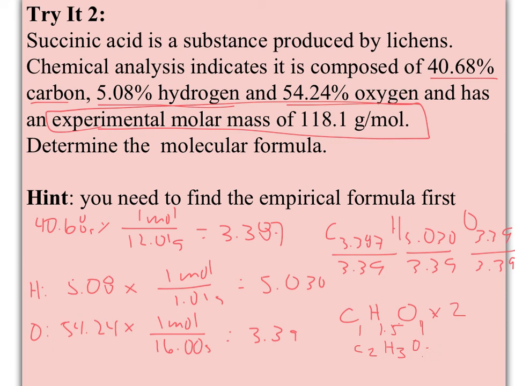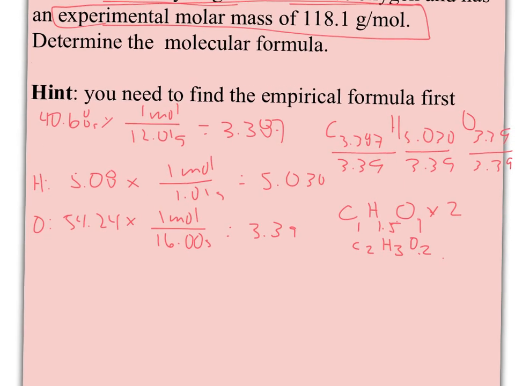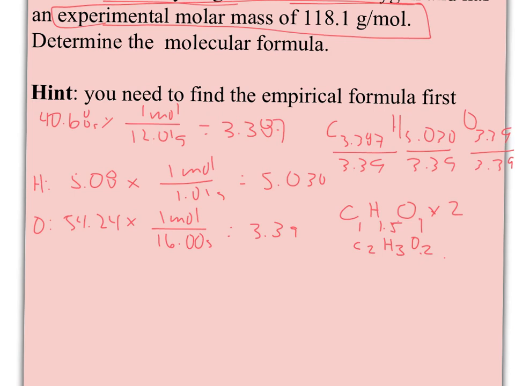And so now I use that empirical formula to calculate a molar mass to compare to that 118.1. So I've got C2H3O2, which would be 2 carbon at 12.01, 3 hydrogen at 1.01, and 2 oxygen at 16 grams apiece.